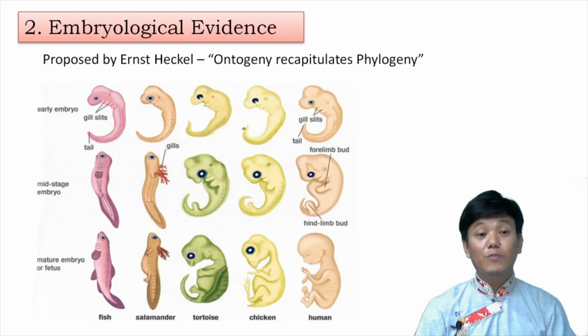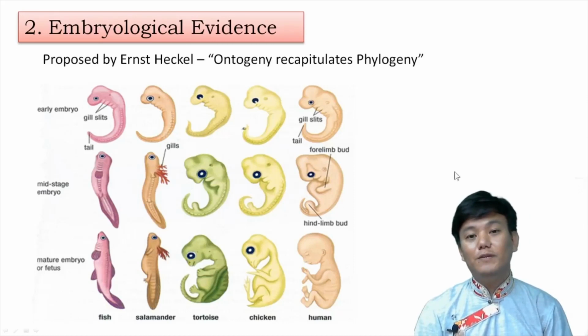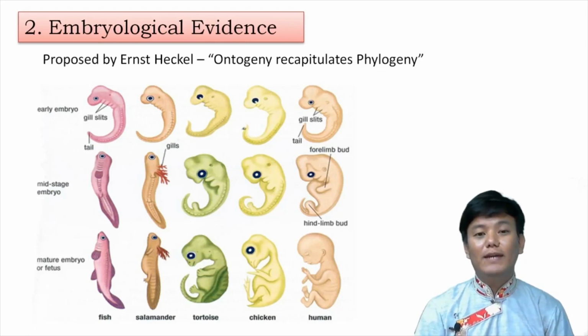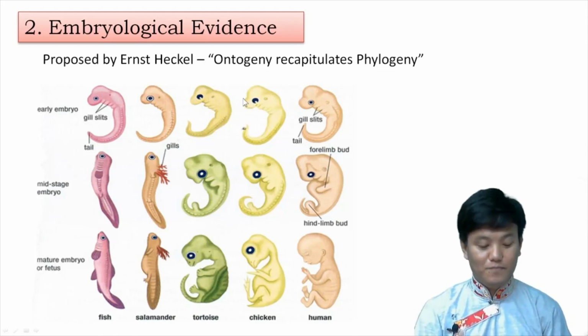Even though the theory proposed by Ernst Haeckel, ontogeny recapitulates phylogeny, was disapproved by Karl von Baer, Charles Darwin, in his book The Origin of Species, used comparative embryology as an evidence for evolution. So that is about the second evidence, that is embryological evidence for evolution.